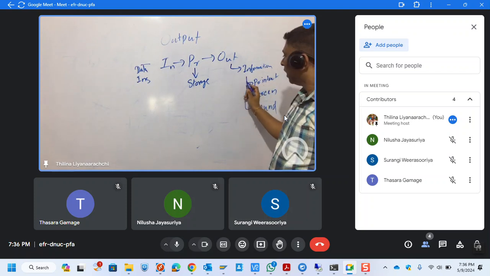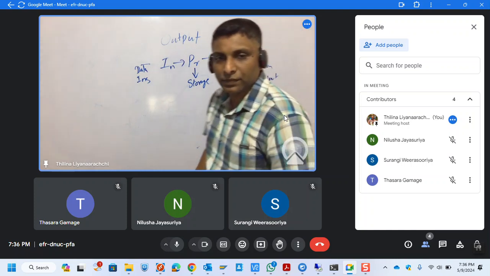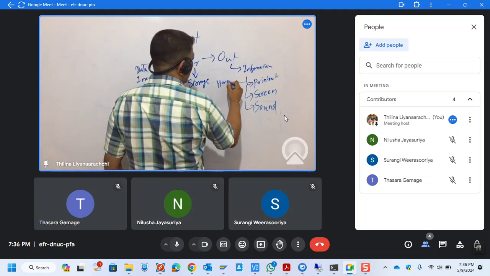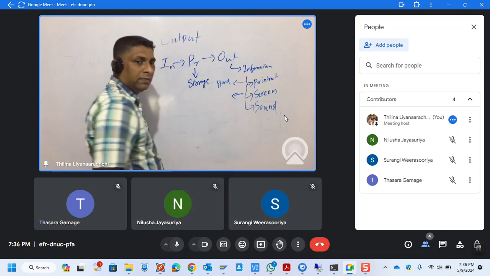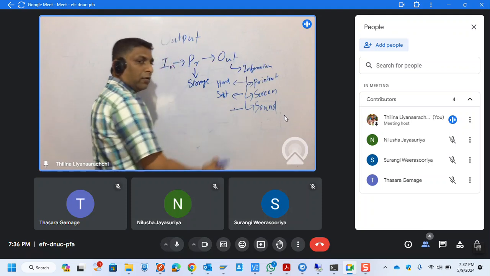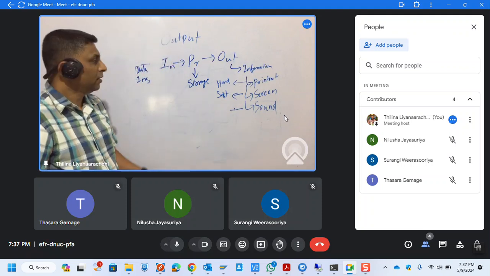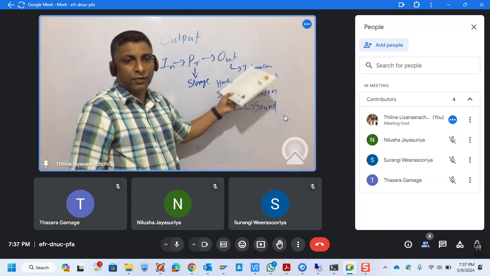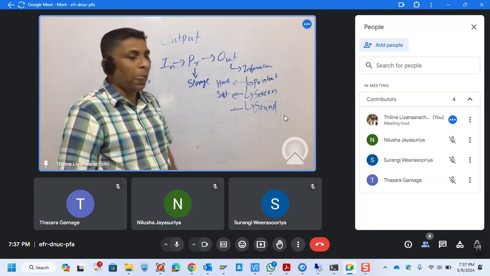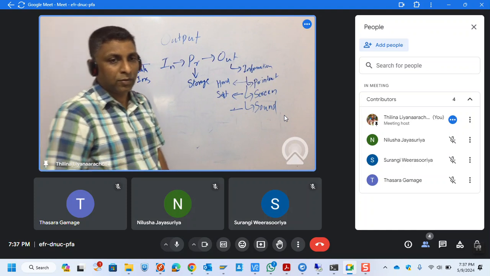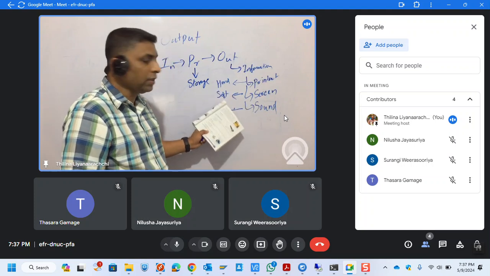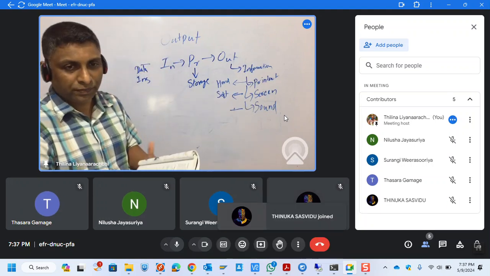A printout is a hard document, a hard copy. On screen, it's a soft copy. Sound is the voice out. We can take information out through various ways. So basically, we learn about three things: printout, screen, and sound, as hard copy, soft copy, and sound.